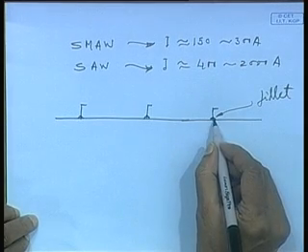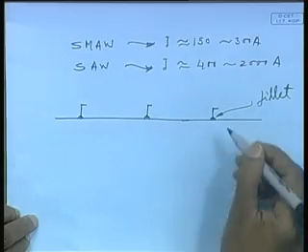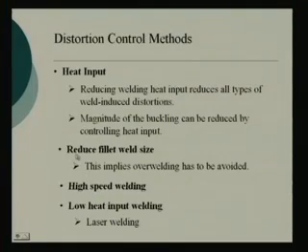Now, as you can see, each fillet welding is contributing heat, each is contributing towards distortion. So, what we will have to do is reduce the fillet weld size. By reducing means what? You cannot go below the designed one, whatever is required, that means weld only as much as is required.